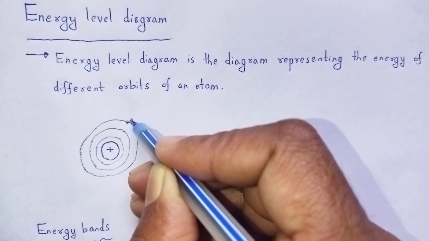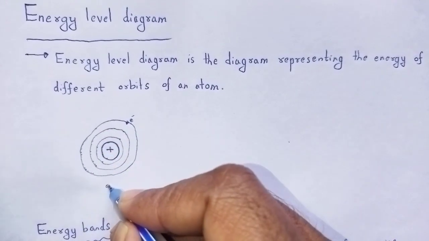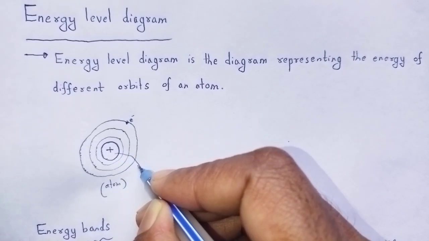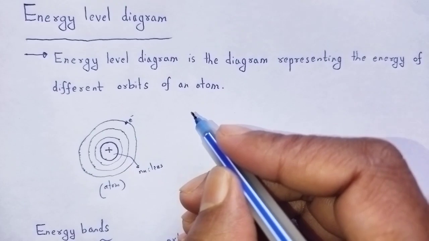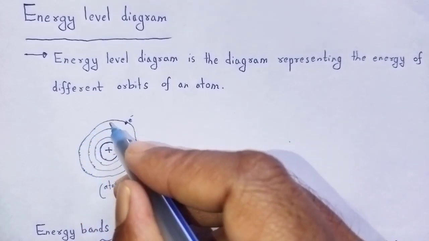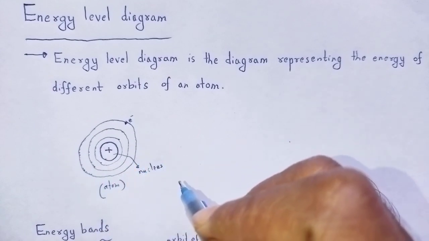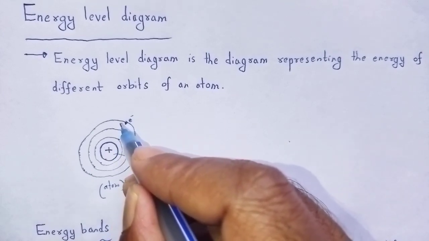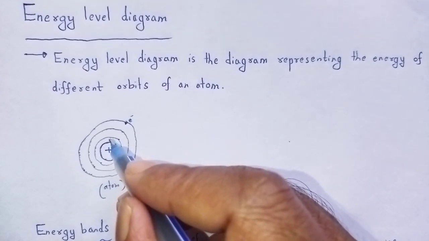Here are the electrons revolving around the nucleus in different permitted orbits, and the electrons revolving in a particular permitted orbit have a fixed amount of energy.